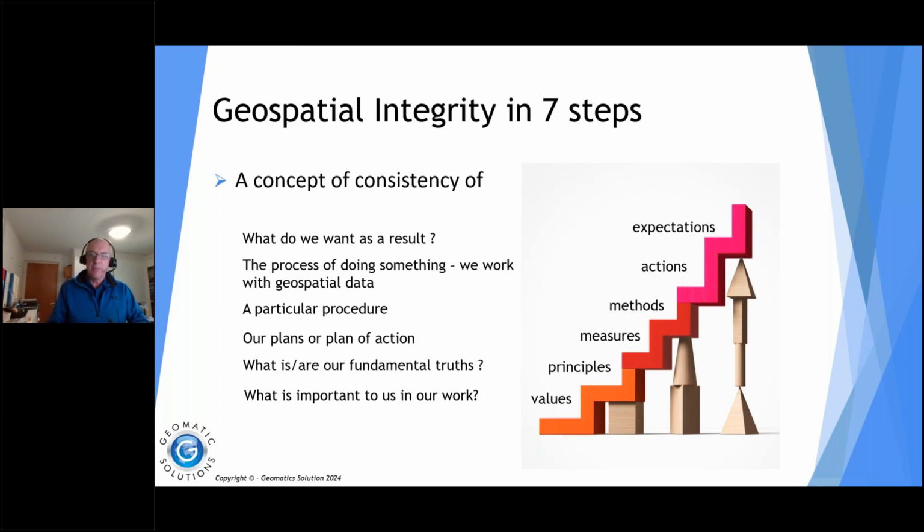And the end step of all of this is called the outcome. And the outcome is defined by what we actually get when we do this. So we have to go through all these 7 steps in order to make sure that we are good in doing what we do, and all the things that we apply to our coordinates or the data that is geospatially positioned.